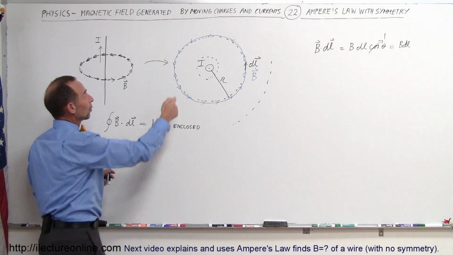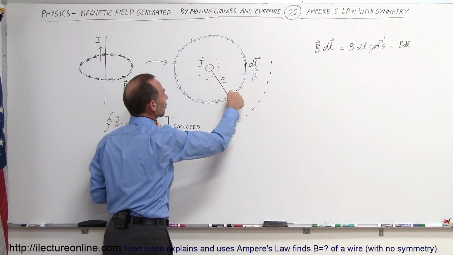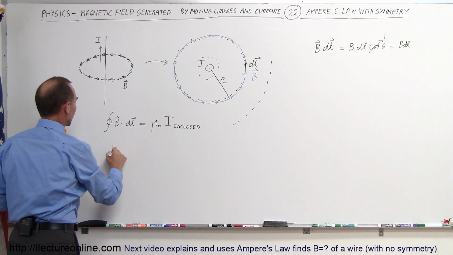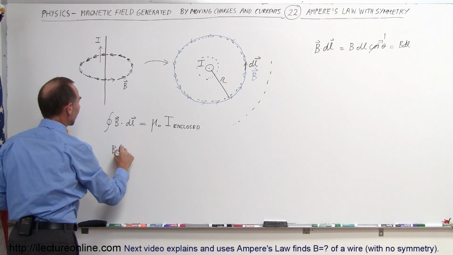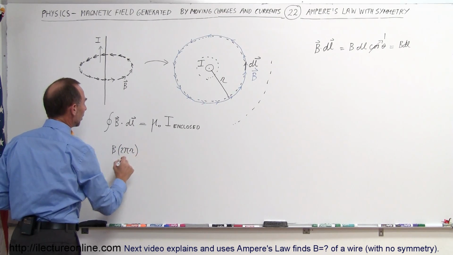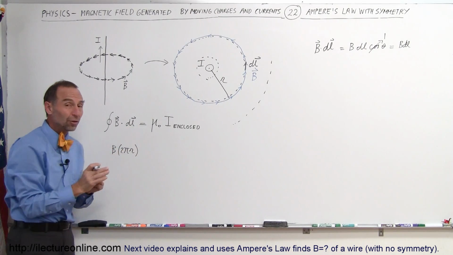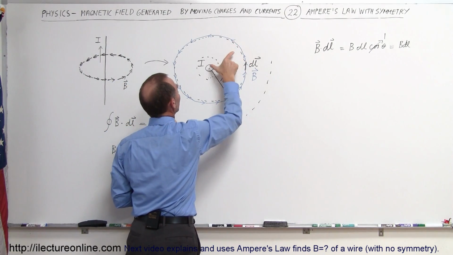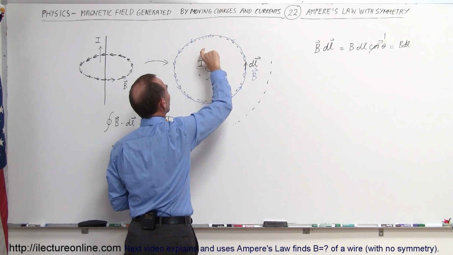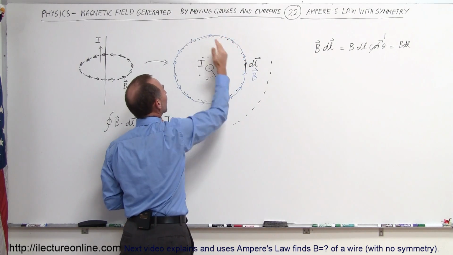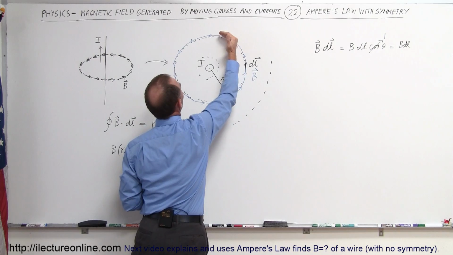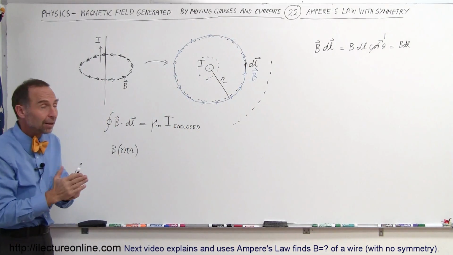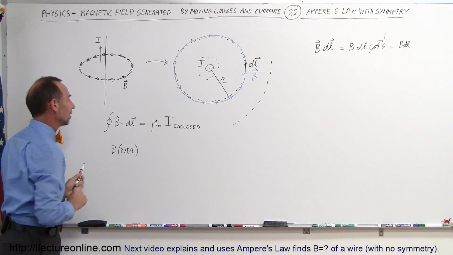So in this case, if we're going to integrate all the way around, and we know that the radius is r, all the way around, of course, is going to be 2 pi r, and so therefore the strength of the field B times the total length of the integral, 2 pi r. And the reason why we can do that is because the strength of the B field does not change anywhere along the loop. As long as we stay on the same distance r away from the current, the strength of the B field will always be the same, and no matter where we go in the path, the direction of the magnetic field and the direction of the line segment is always going to be parallel, and therefore we can write this.